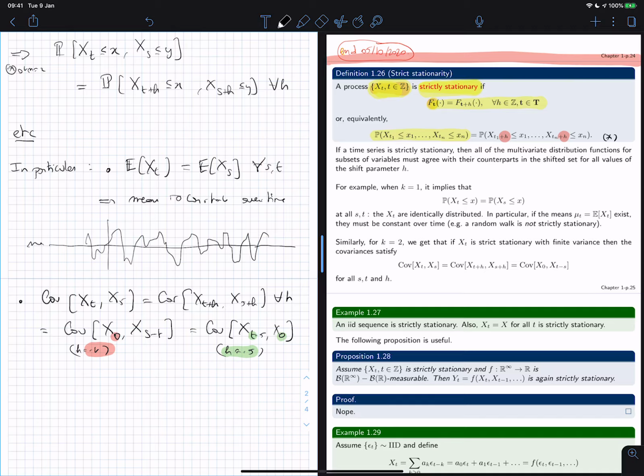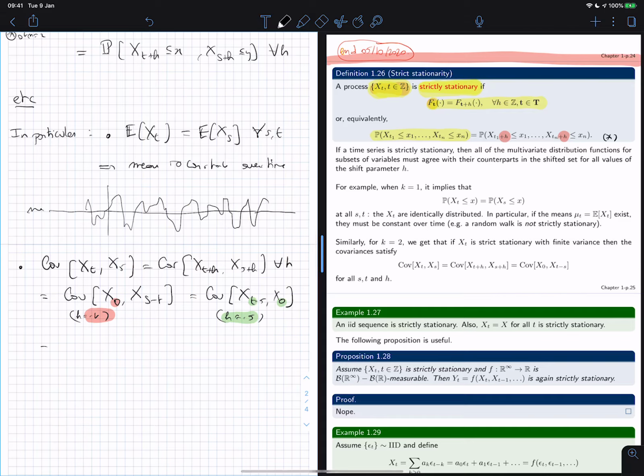So it tells us what? It tells us that this is just a function of s minus t or t minus s, so it's just a function of the absolute value of the difference between the time points at which you're looking.